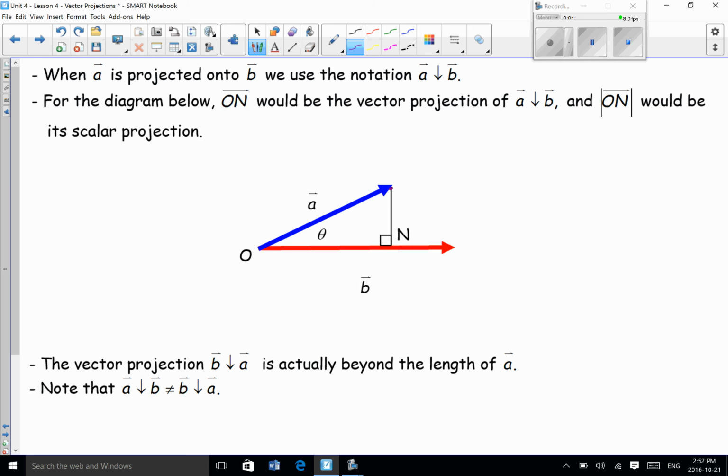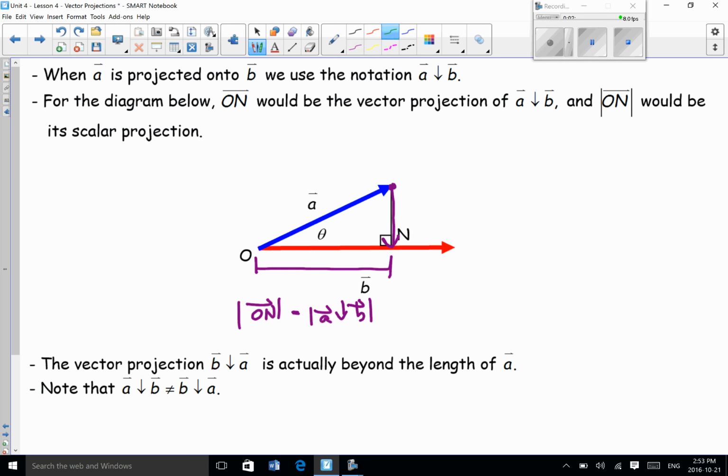If we were to project A onto B, that is drop A onto B, the distance between O and N, the scalar distance, would be a projection of A onto B. And the good news is it's a nice right angle triangle, which means you can use SOHCAHTOA to figure out how long that scalar distance happens to be, using the angle and the hypotenuse.